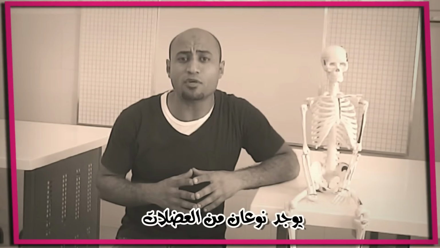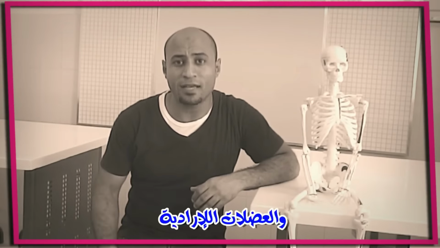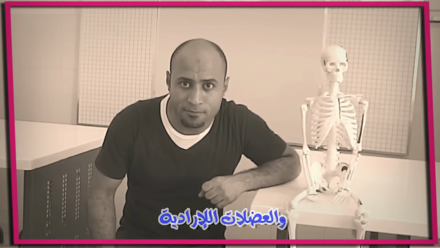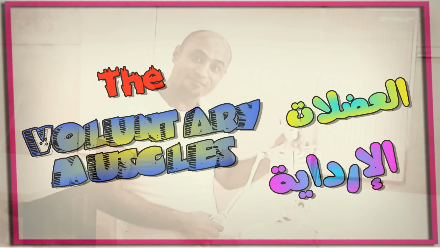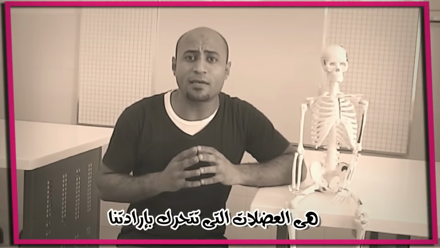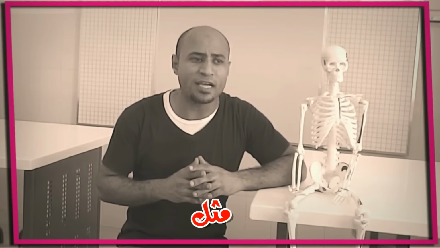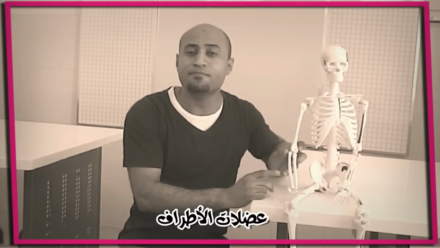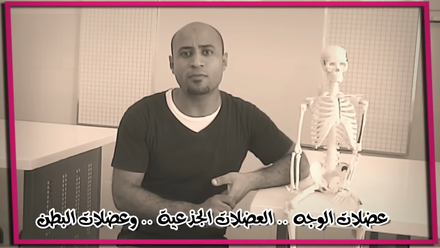There are two types of muscles, voluntary muscles and involuntary muscles. Voluntary muscles are the muscles that can move willingly and we can control their motion, such as the limbs muscles, face muscles, trunk muscles, and the abdominal wall muscles.